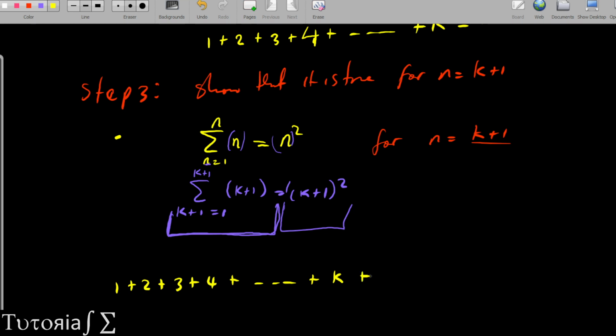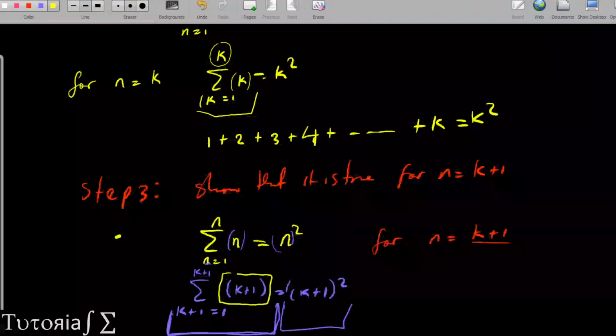Then we're going to have plus k plus 1. For plus k plus 1, you just get what was in your previous replacement and put it there. That will be your plus k plus 1, which is equal to k plus 1 squared. So that is the procedure here.